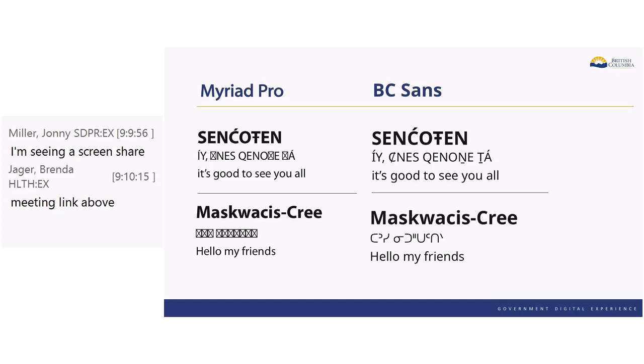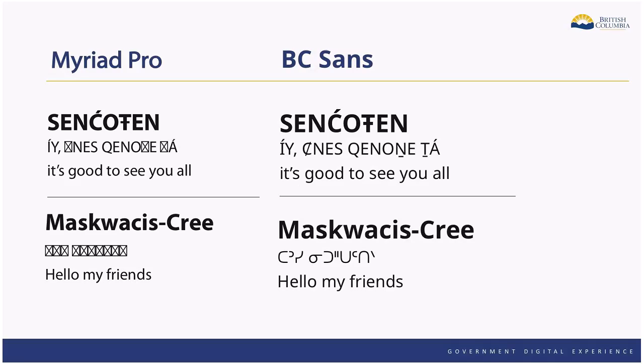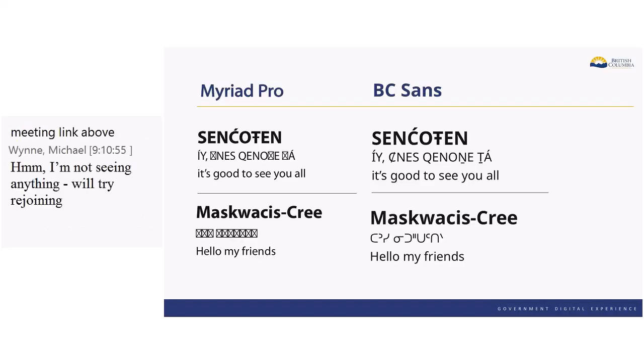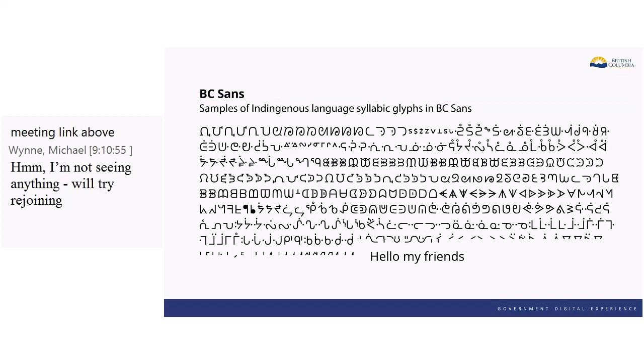There are a couple of ways that Indigenous languages can be written. One is through what we call a Roman orthography, what we see in English and French. But there's also a set of characters called syllabics, which you can see below for Cree. So we need a font that supports both. Here's a sample of the syllabic glyphs and what they look like in BC Sans.